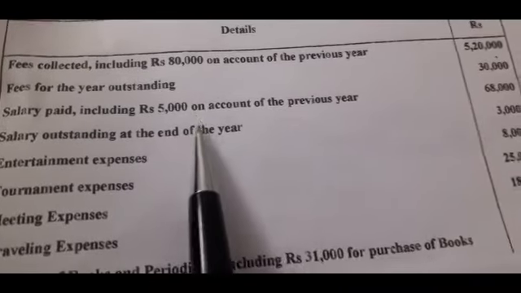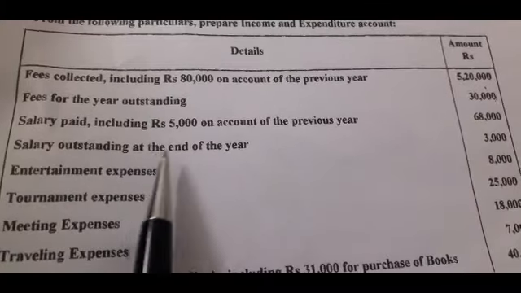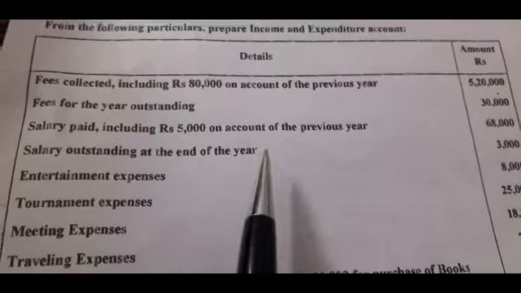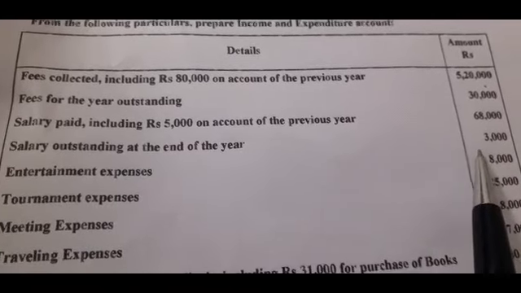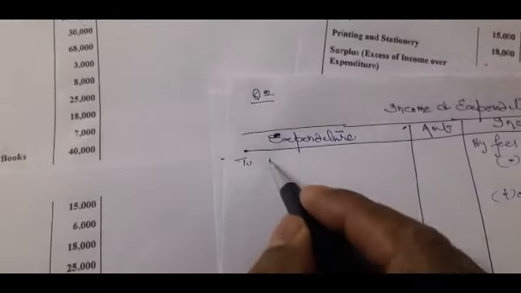Next item is salary paid, including 5,000 for previous year. Total amount is 68,000. 5,000 is for previous year, and salary outstanding at the end of the year, that means for the current year outstanding is 3,000. Salary paid, that means it's an expenditure on salary.